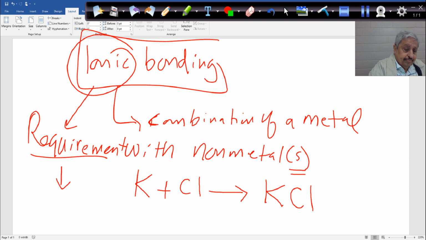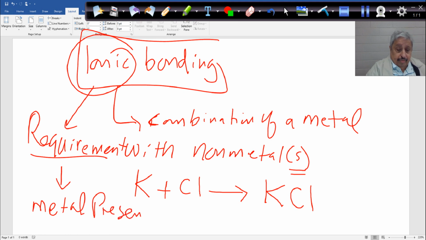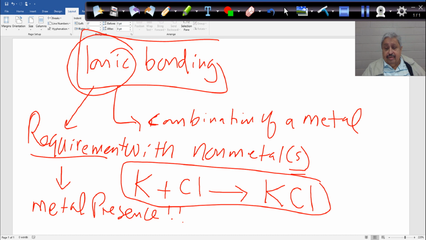If you don't have a metal present, then you are dealing with covalent bonding. So I am having here potassium and added the chloride to it, and I got potassium chloride. We'll name those later on, but at least we get this one here.